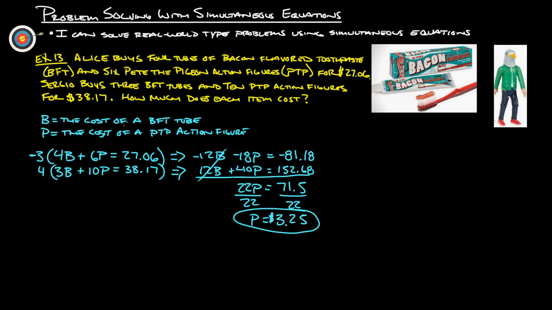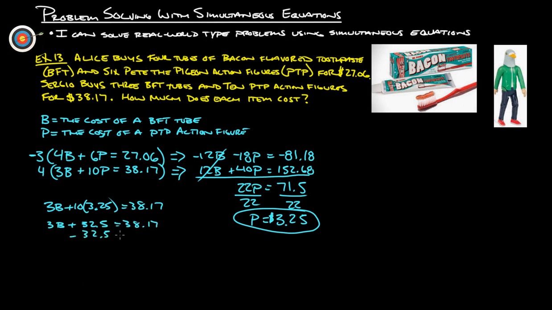Now we also have to figure out how much a bacon flavored toothpaste tube costs as well. So we now know this works for the P, so let's plug that into either one of these to figure out what the B is going to be. I'm going to plug it into the second one. It looks a little nicer. So 3 times B plus 10 times 3.25 is going to equal 38.17. So 3B plus 32.5 equals 38.17.